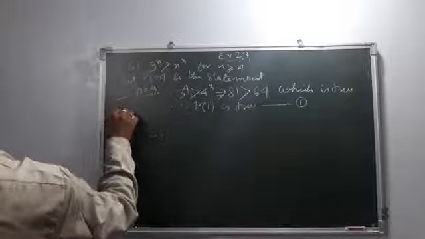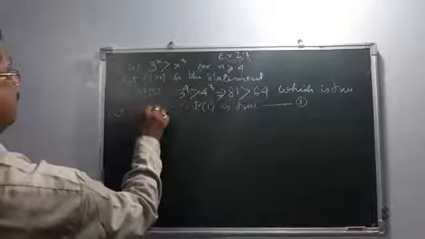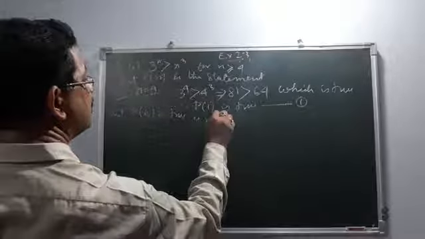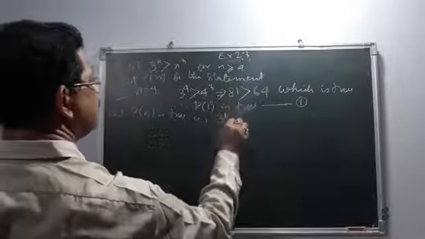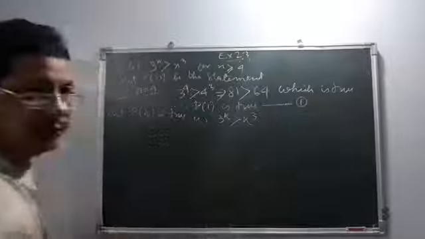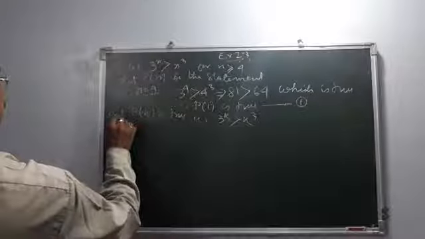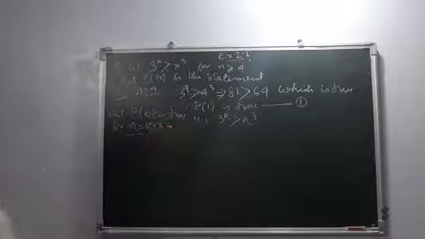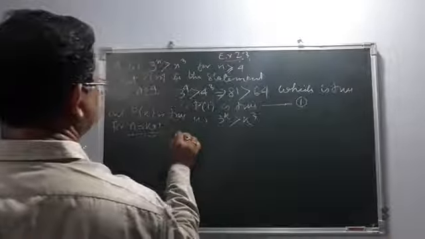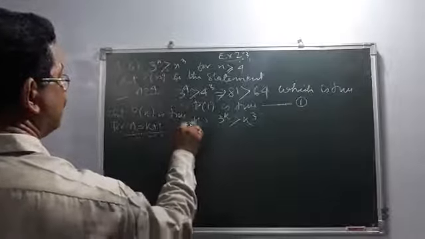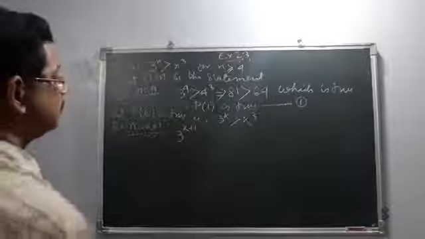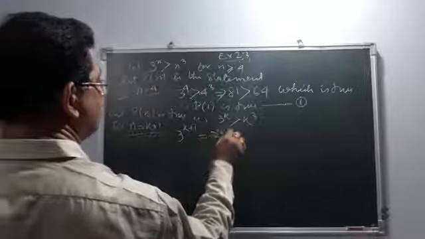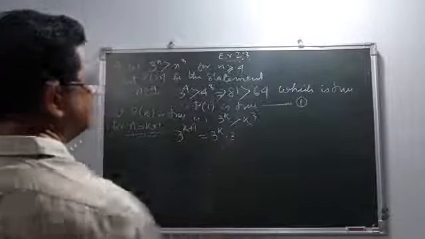Let P(k) be true, that is, 3 to the power k is greater than k to the power 3. For n is equal to k plus 1, we have to see what we can write. 3 to the power k plus 1 is 3 to the power k into 3.